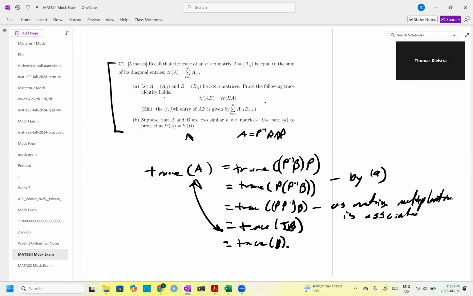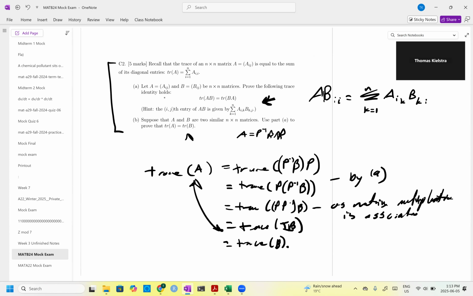Now, this first example here, the trace of AB versus the trace of BA: what you're going to do is the matrix multiplication, and then you take the sum of the diagonal entries. So if you look at AB, entry i i equals the sum of k equaling 1 to n of A i k, B k i.